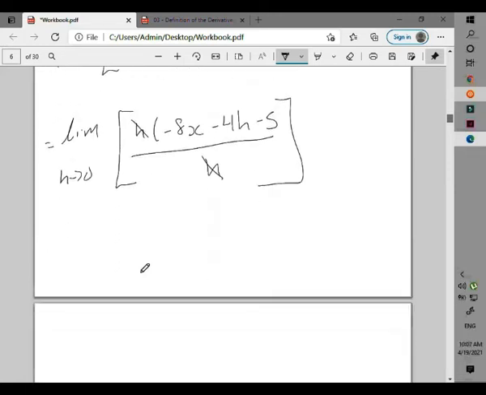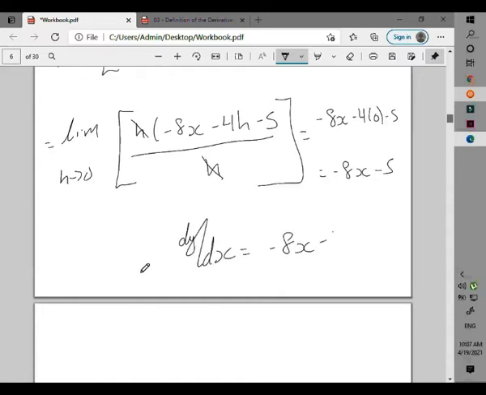So I'm going to move ahead now and substitute in 0 for wherever I see h. So this is equal to minus 8x minus 4 times 0 minus 5. This is equal to minus 8x minus 5. So dy upon dx is equal to minus 8x minus 5.